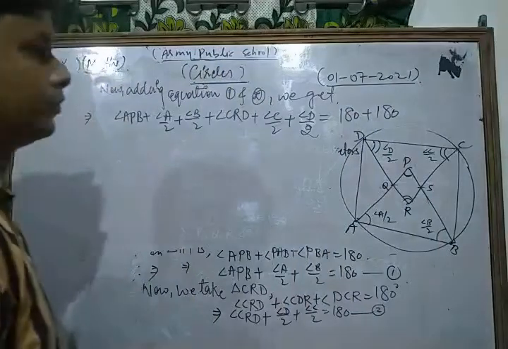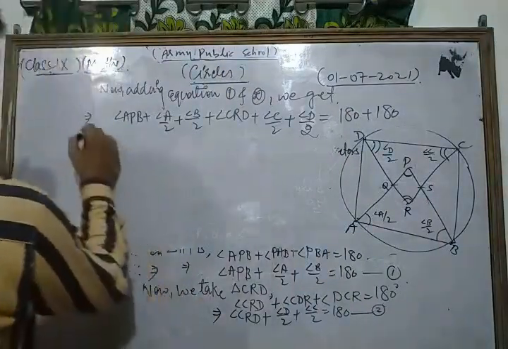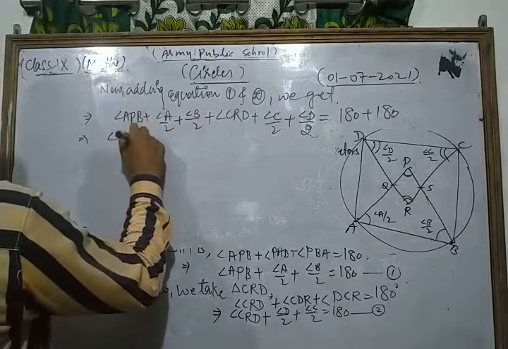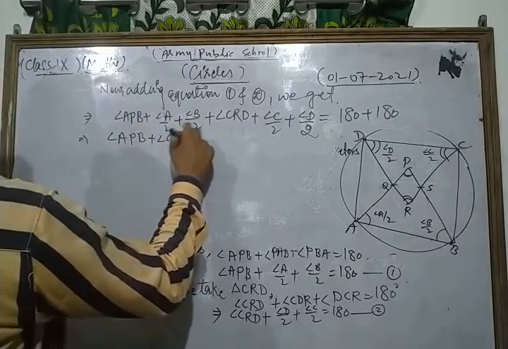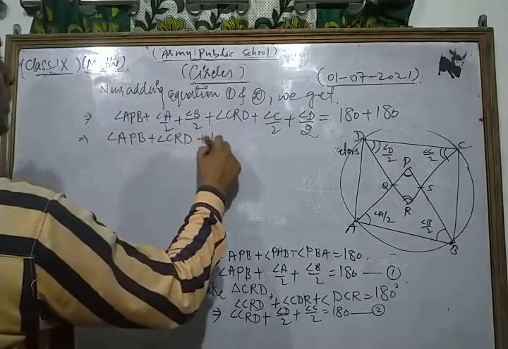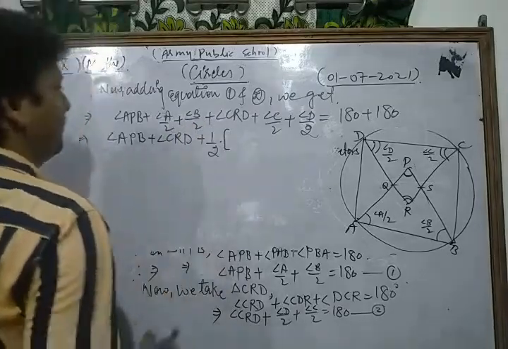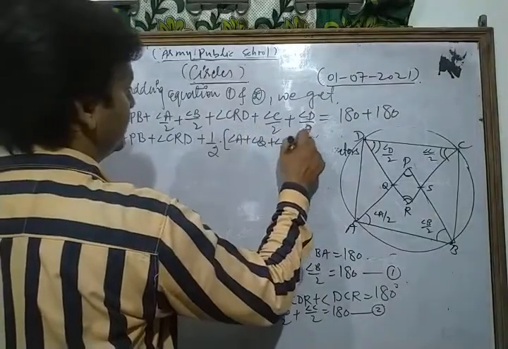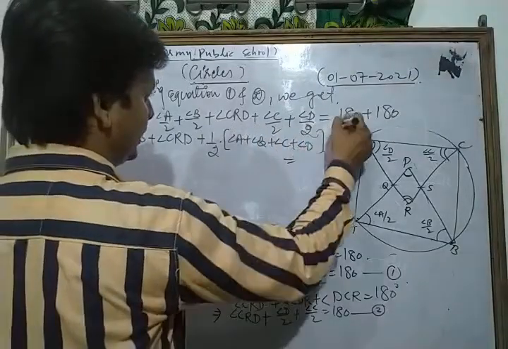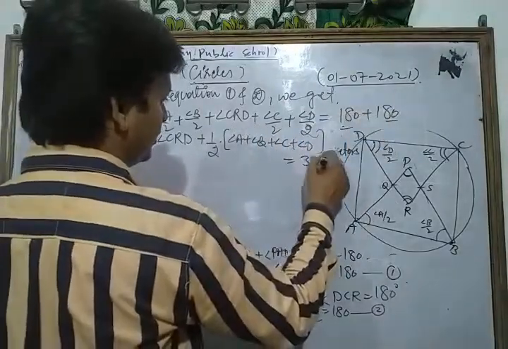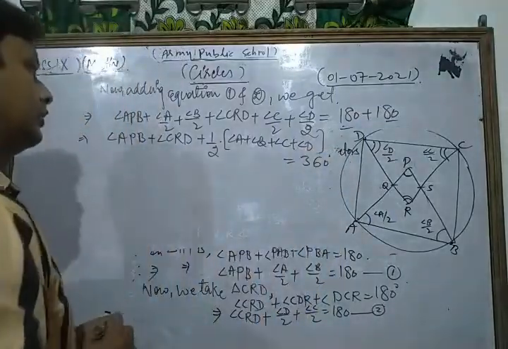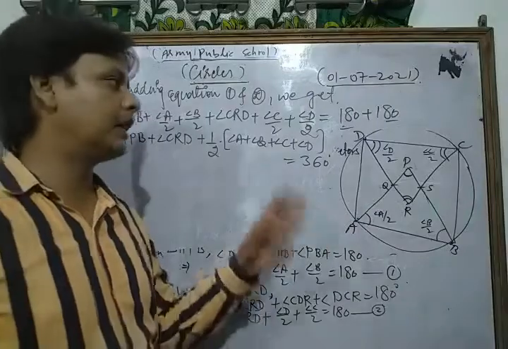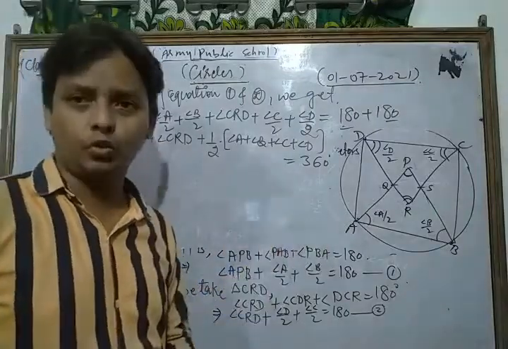Now we take angle APB and angle CRD together. So angle APB plus angle CRD plus, we take 1 by 2 as common, angle A plus angle B plus angle C plus angle D is equal to 360 degree. Now here we apply the angle sum property of the quadrilateral.